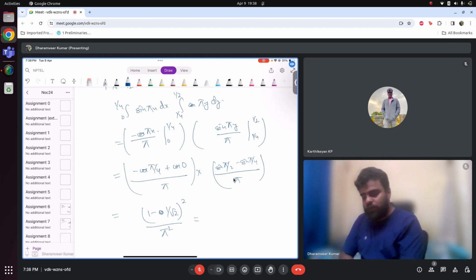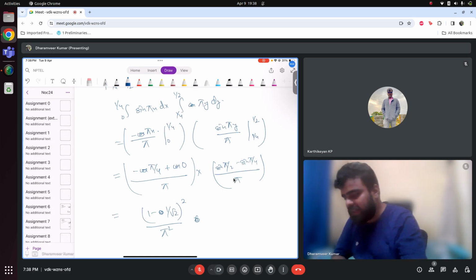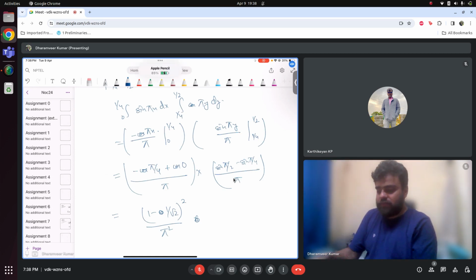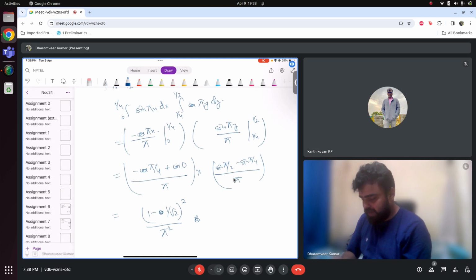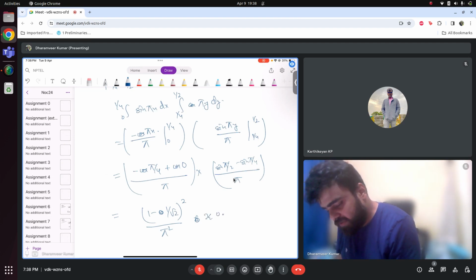How do you evaluate this? How do you know what is greater than or less than something like that? Basically 1 by 32. If you want to calculate the value, this is roughly around 0.00869.